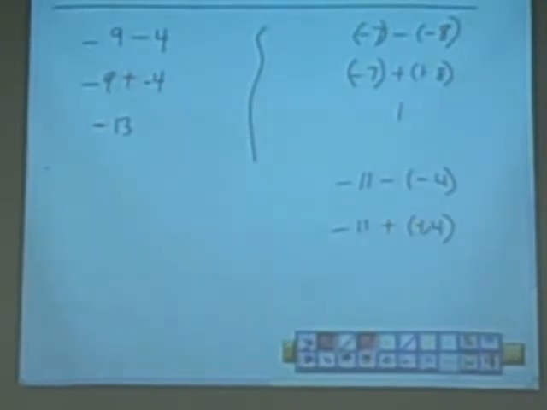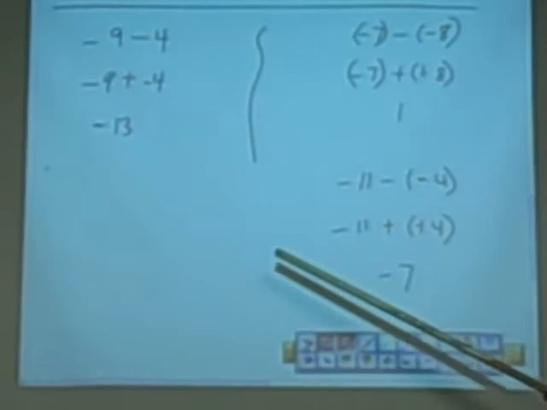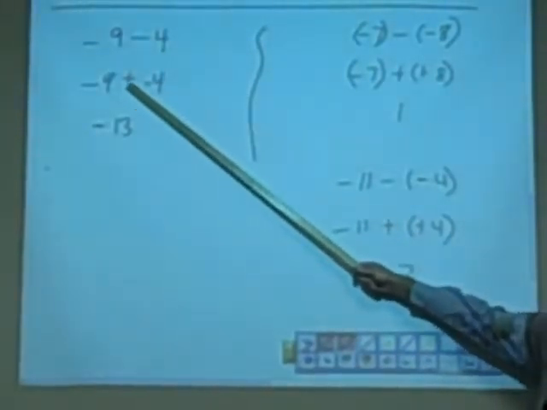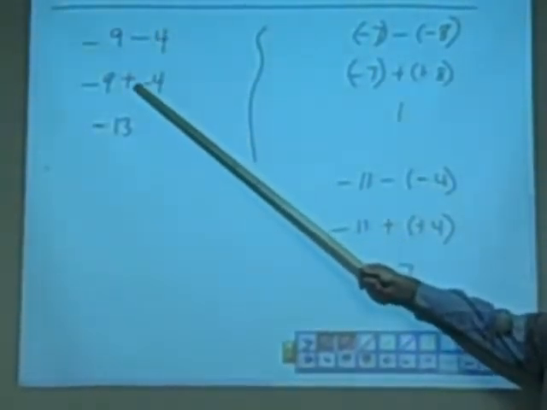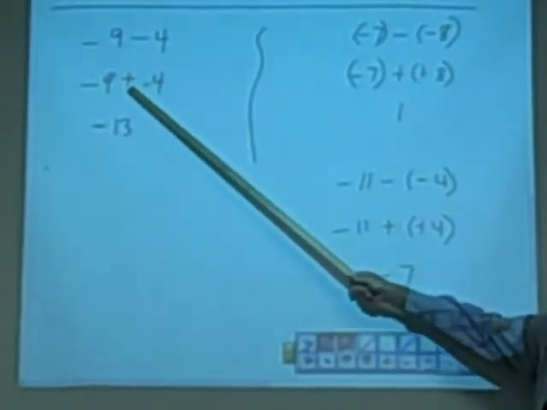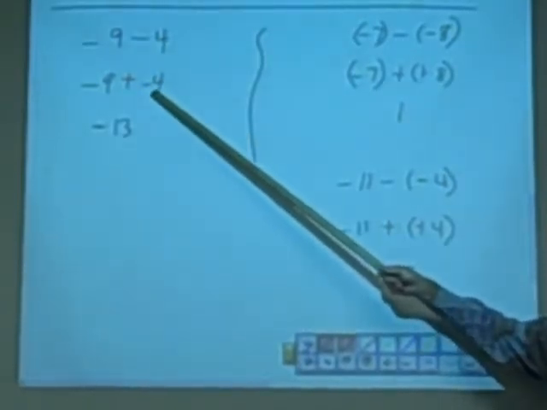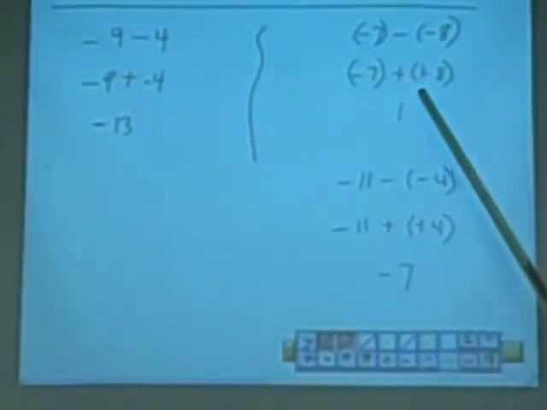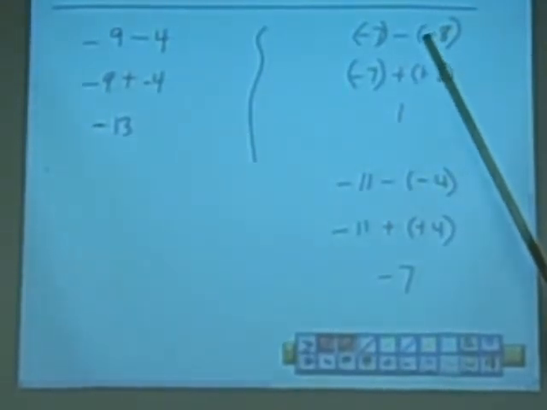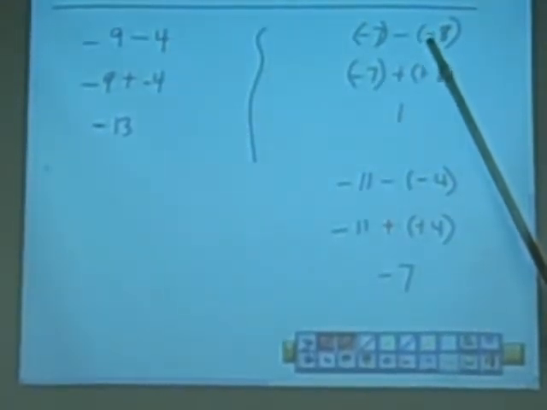Now we've got a negative 11 and positive 4, and so we're subtracting, right? Which is going to give us negative 7. So here, when you apply that property I was telling you about, change the minus sign to plus, apply the sign of the next term, you're doing the same thing basically that we did here, right?